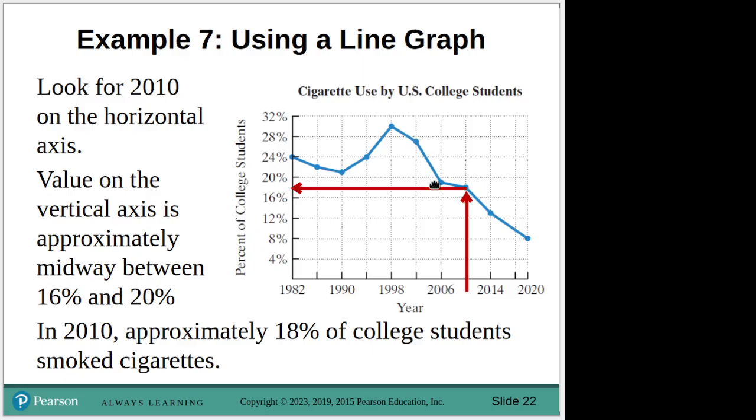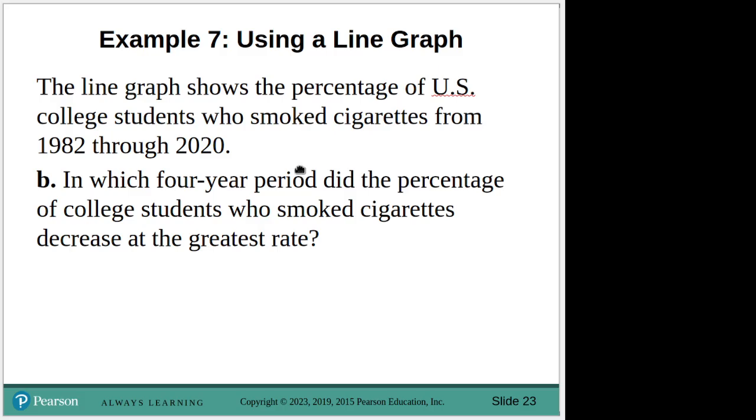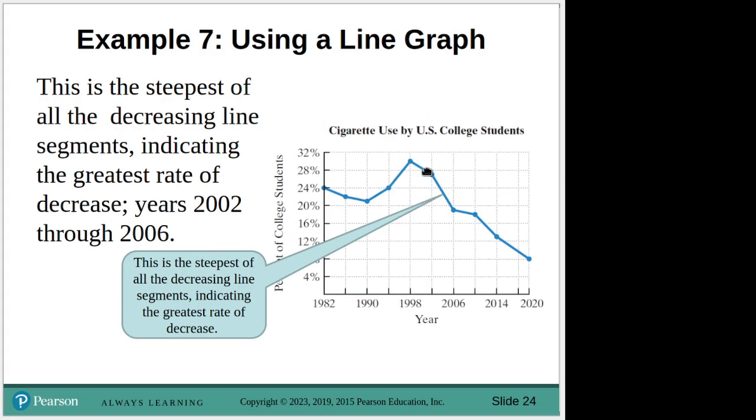That has the steepest fall. So in which 4-year period did the percentage of college students who smoked cigarettes decrease at the greatest rate? Well, we're going to look for the greatest fall on the graph. And that's what it does here. It looks at this greatest fall on the graph from 2002 to 2006. Because it's visually the thing that's dropping the most.